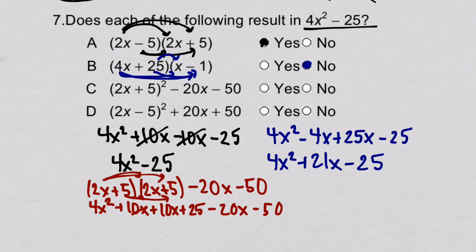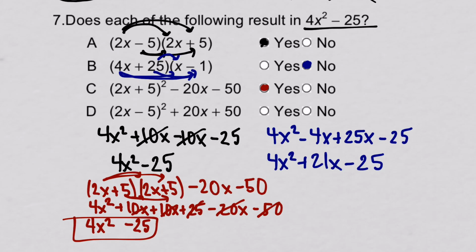I have a 10x, another 10x, and a negative 20x. 10x plus 10x is 20x. Subtract 20x, they cancel. They all go away. The positive 25 and the negative 50 make negative 25. And then there's a 4x squared in the front that does not combine with anything else. So it's 4x squared minus 25. That's what I want. So the answer for that one is yes.